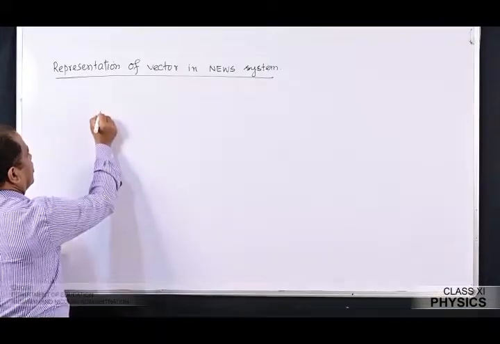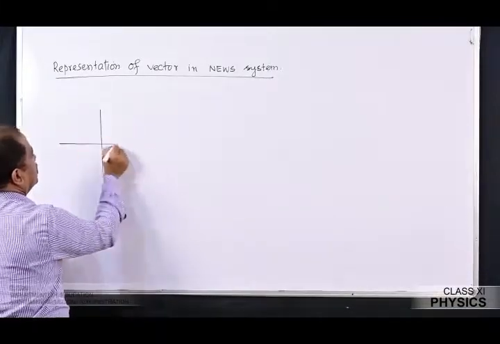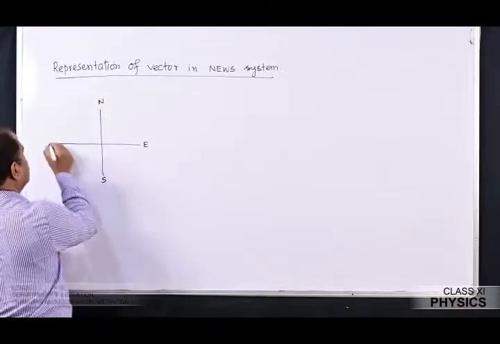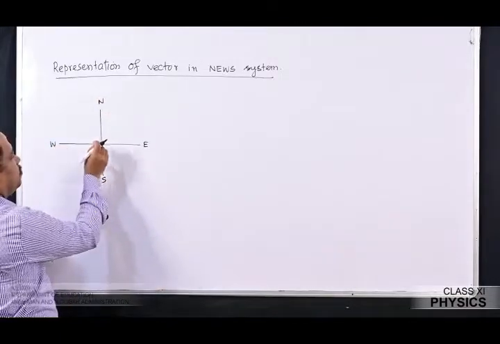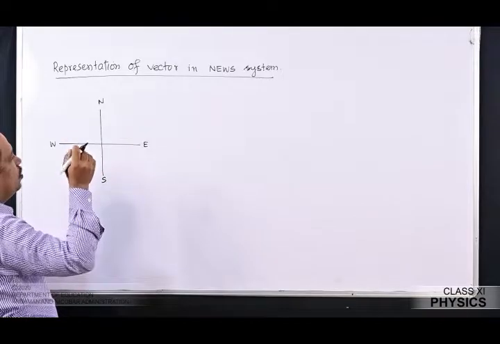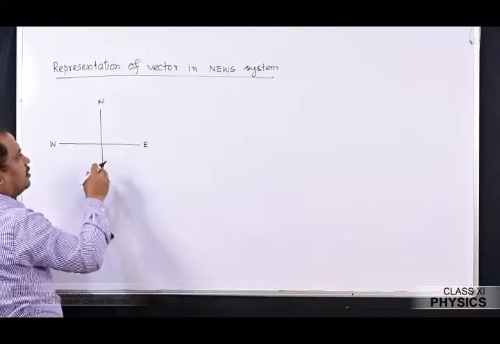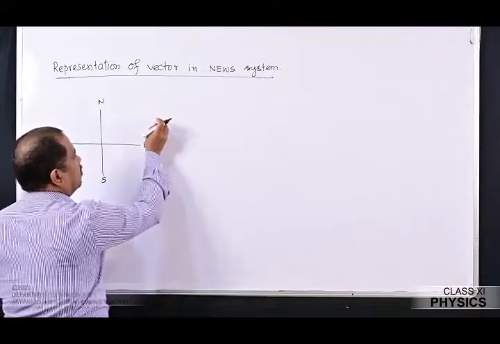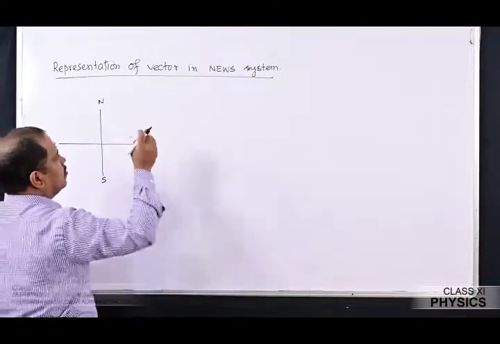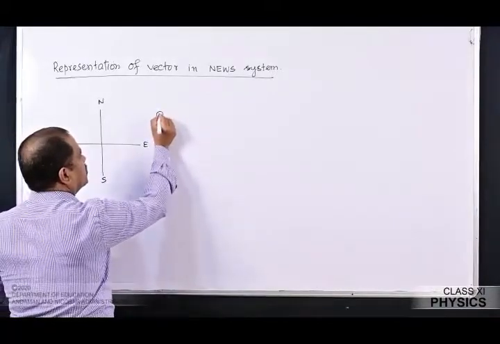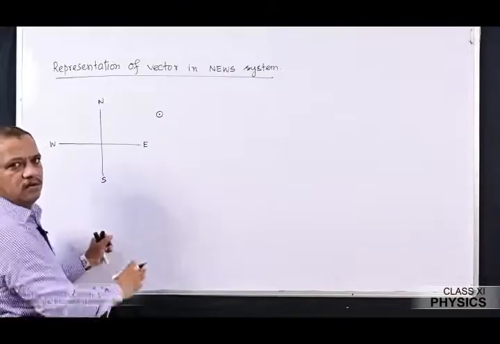I said representation of vector in north, south, east and west. 2 more directions we have: perpendicularly out of the plane of the board and perpendicularly into the plane of the board. Now if a vector is pointing along the direction out perpendicular to the plane of the board, then that vector would be represented by putting a dot on the board.